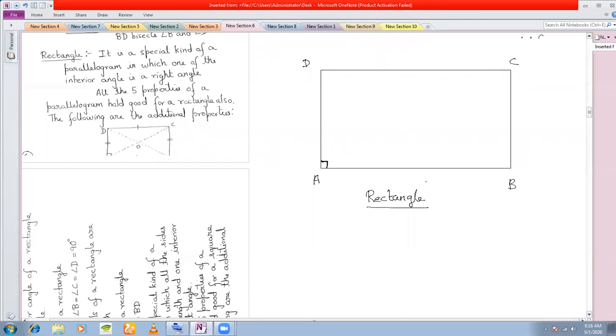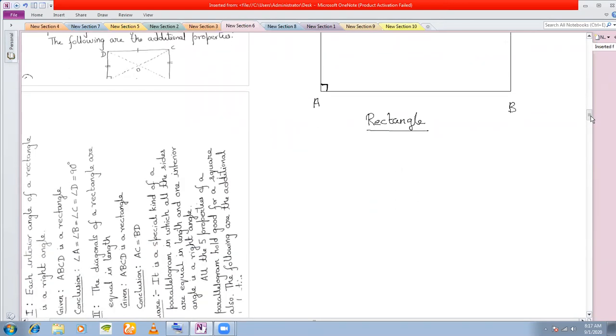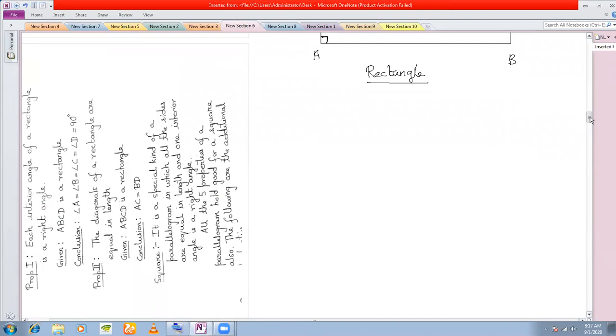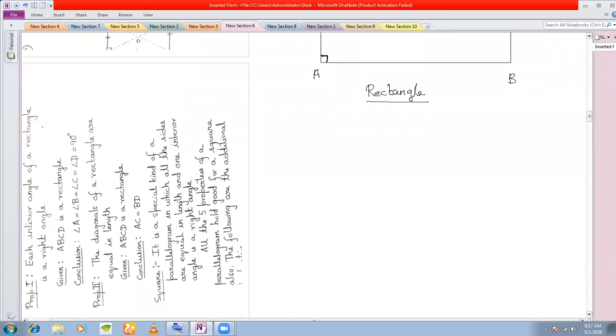Now you will say, what about the other angles? But we have read that the other angles are also 90 degrees in a rectangle. Yes, the other angles are also 90 degrees, but that is according to the property, not according to the definition. Now, according to the property, if you read this property, each interior angle of a rectangle is a right angle.